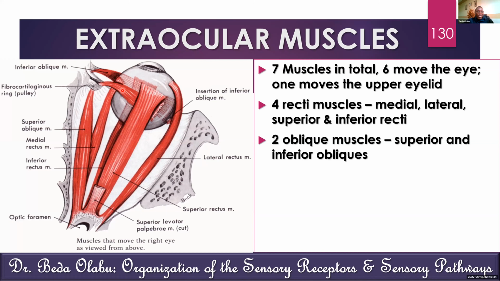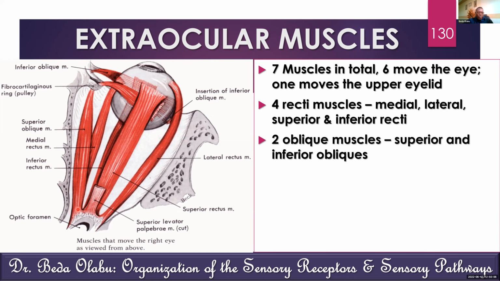There are 2 oblique muscles, superior oblique, which is this one. It comes from the orbital apex, goes along the medial aspect, turns at a pulley system, then goes in reverse and inserts on the upper part of the sclera, posteriorly and superiorly.